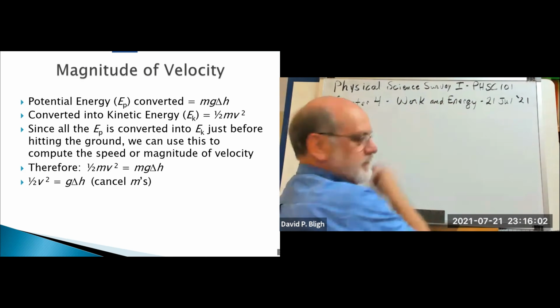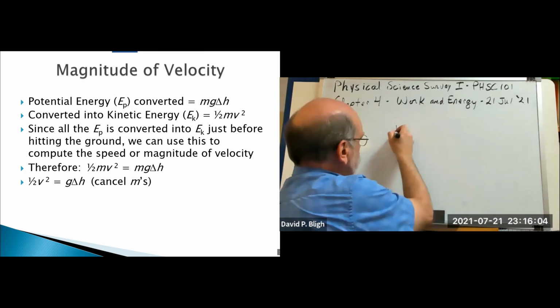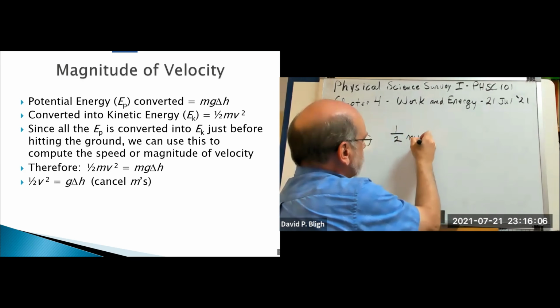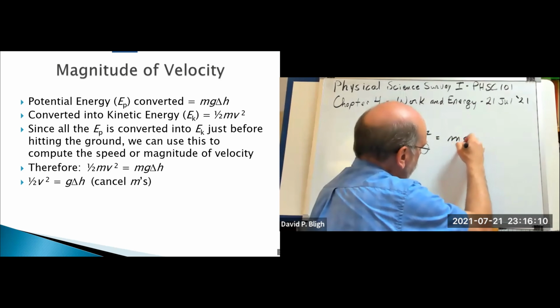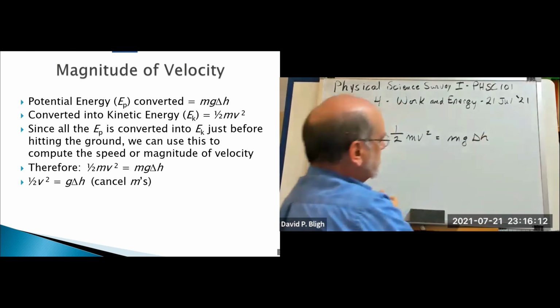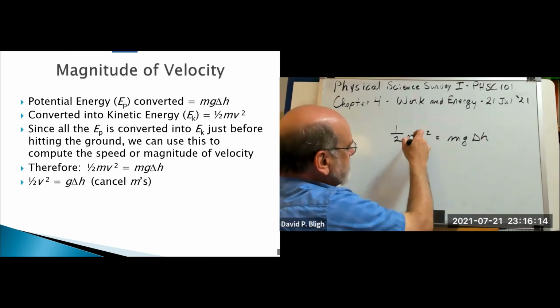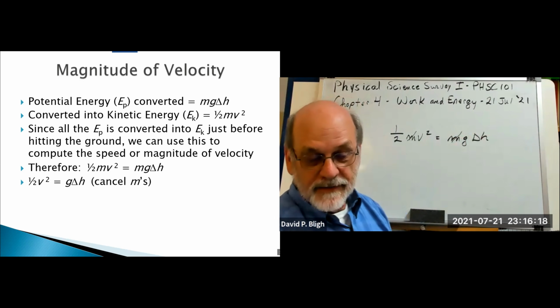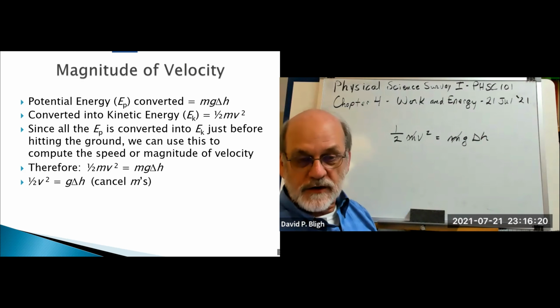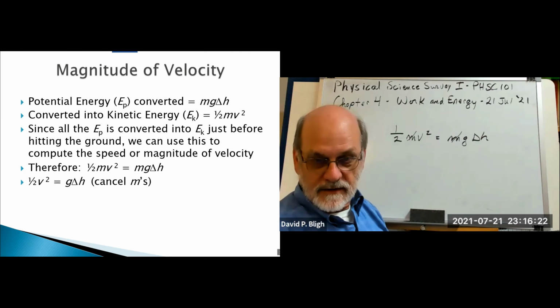If we have the kinetic energy on this side and the potential energy on this side, then these two masses cancel. Correct? That gives us 1/2 v squared equals gravity times change in height.